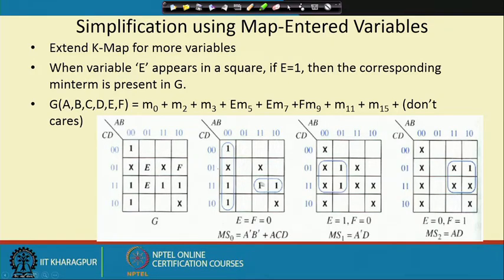Here we are not considering these ones. We are taking them as don't care, because this one is already covered by this situation. This m0 term does not depend on the value of e and f, so that has already been covered here. So they are taken as don't cares. As soon as some ones are covered, we can take them as don't cares in the successive formulation.